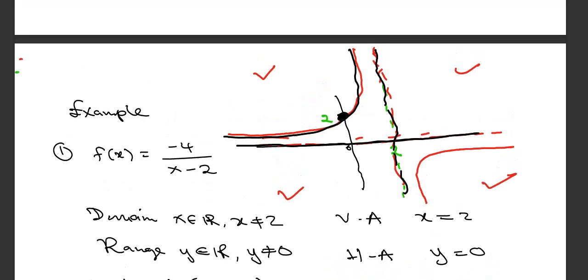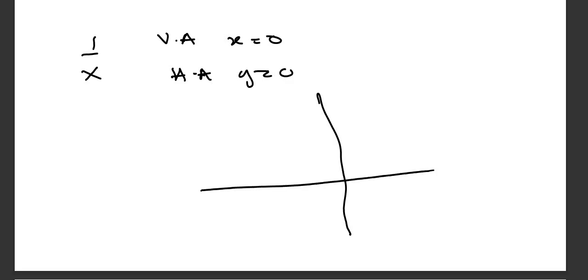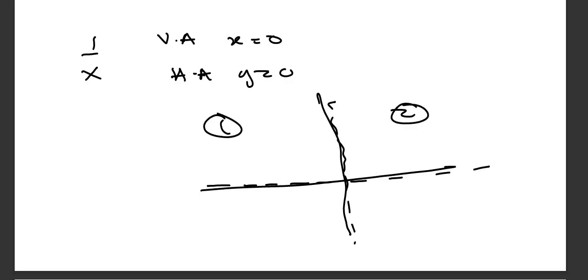Because the mother function, the 1 over x, here the domain was what? All numbers but not 0. So the vertical asymptote here we got x is equal to 0. Even y, the horizontal asymptote was also y is equal to 0. If you notice, we should never touch this guy here, and we should not touch this guy here. So we have 4 sections. There are these quadrants that you have.